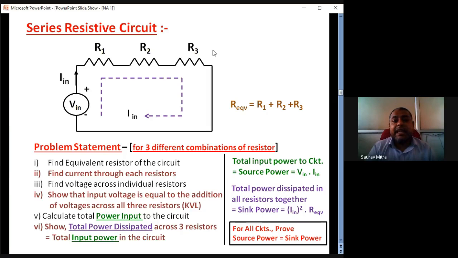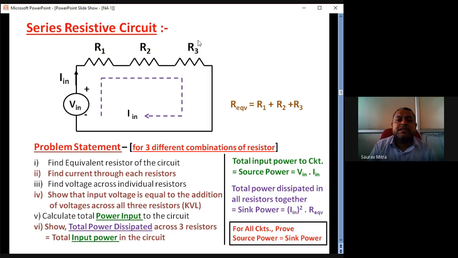But whenever you are in the lab, your experimental value and your theoretically calculated value will be different. A little bit of difference will be there, because the 1000 ohm resistance you are considering in theoretical calculation might be 990 ohm in practice. The 470 ohm theoretical value might be 455 ohm.